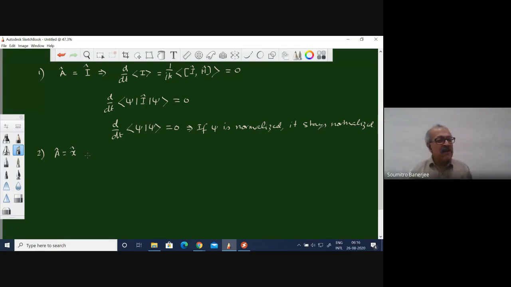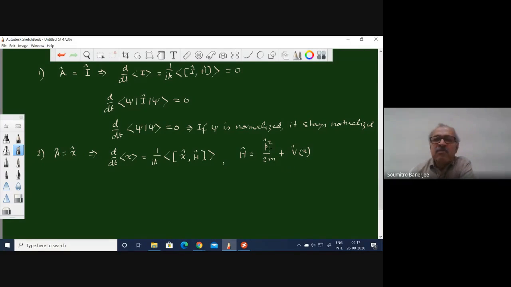If we put A is equal to X, then the generalized Ehrenfest theorem says that d/dt of the expectation value of x is 1 by i h cross, the expectation value of the commutator x and H. Right? Now, what is H? H is p squared by twice m plus V. You remember that?